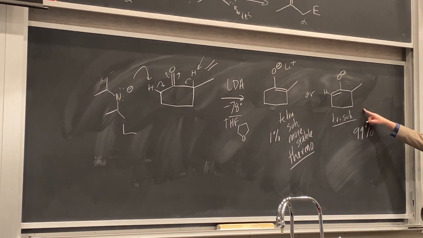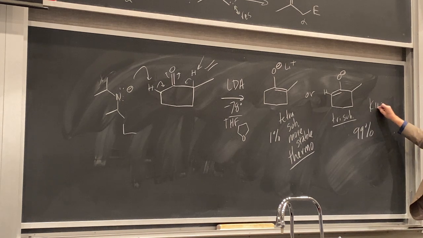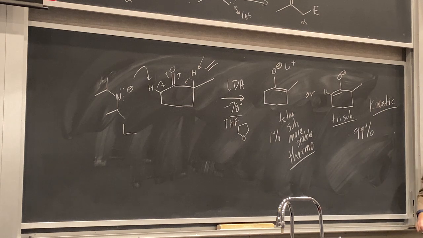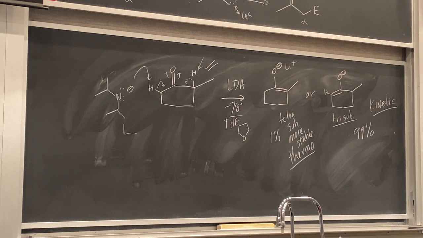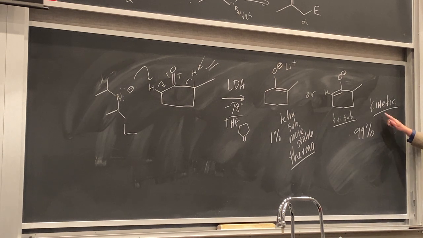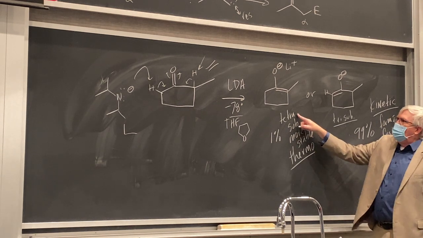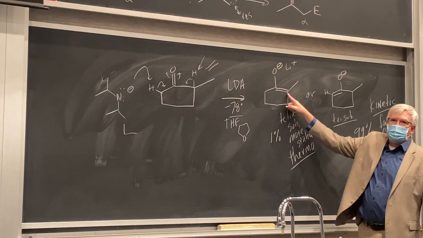What are we going to call this one? The kinetic enolate. Why do we call it kinetic? Kinetics refers to what? Not the stability of the resulting thing, but the speed or the rate that it's forming. So this one's forming faster, okay? This one forms slower with a bulky base, okay?